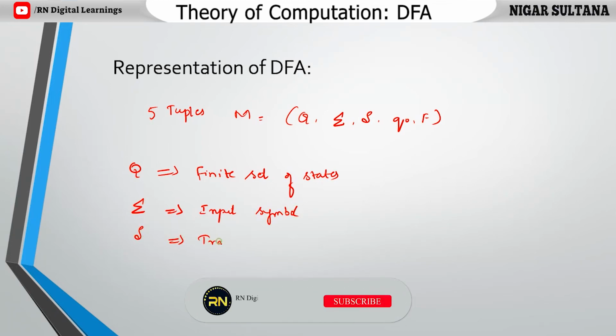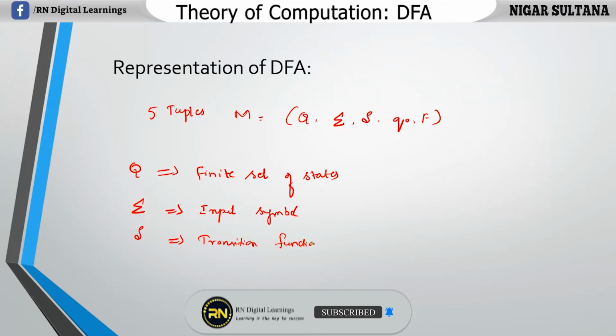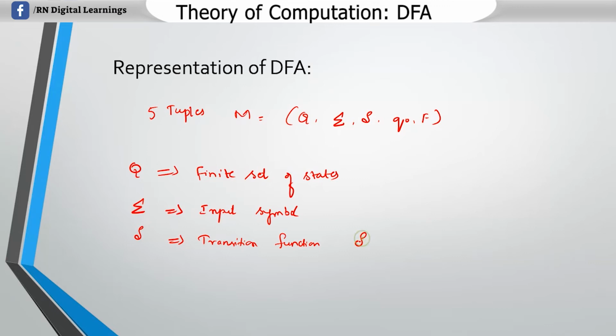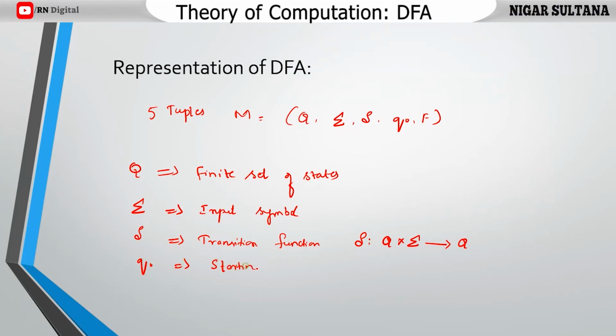Delta is a transition function, which is written as delta, Q into input alphabet, which tends to another state. Next, what is this Q naught? Q naught is our starting state. F indicates your final state. These are the 5 tuples of DFA.